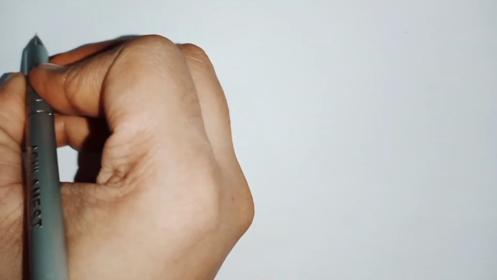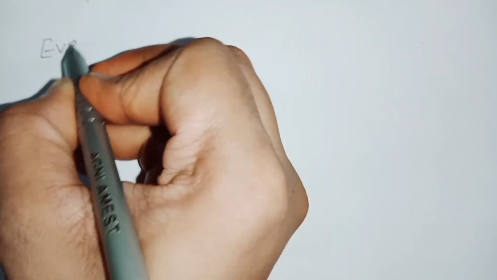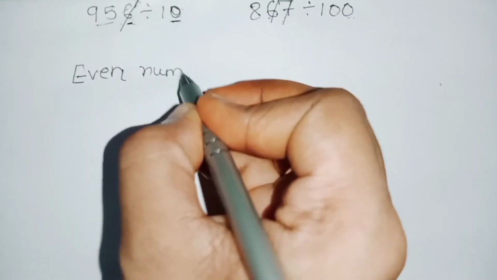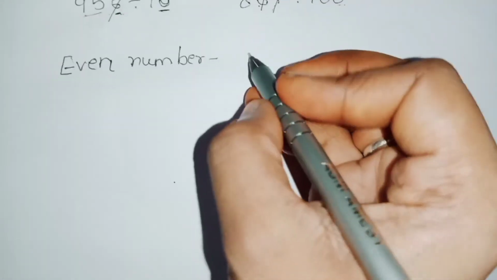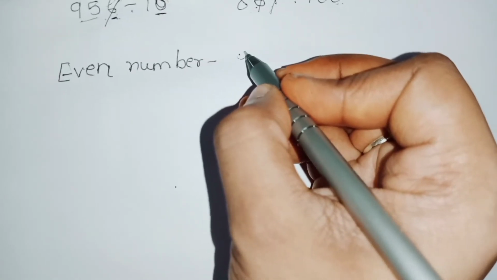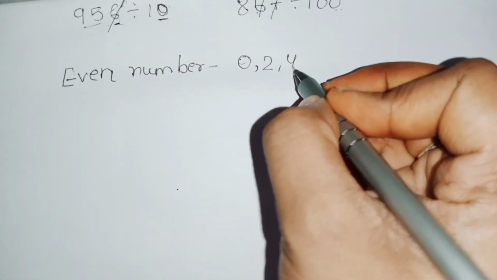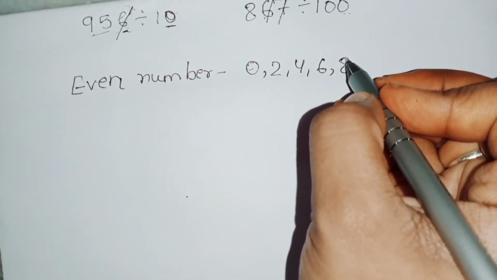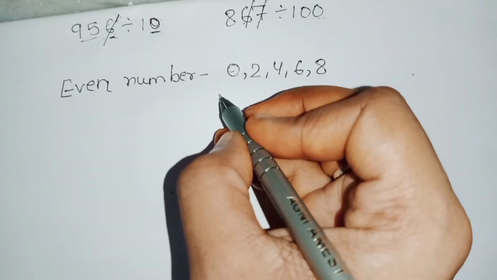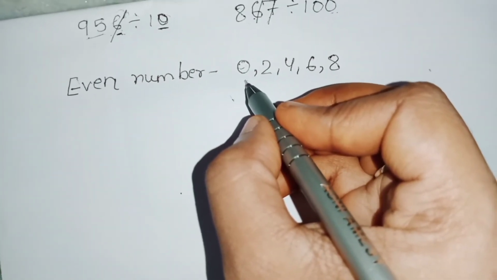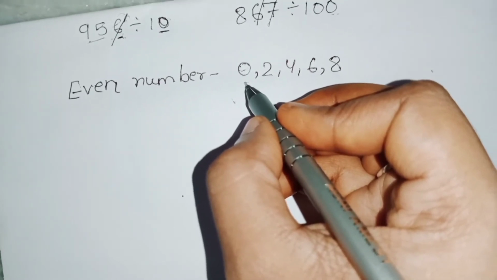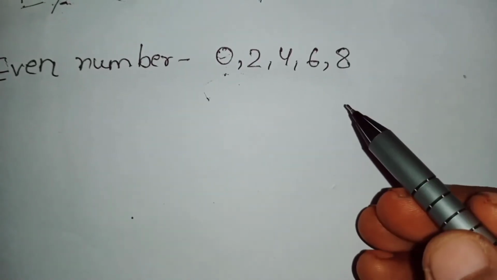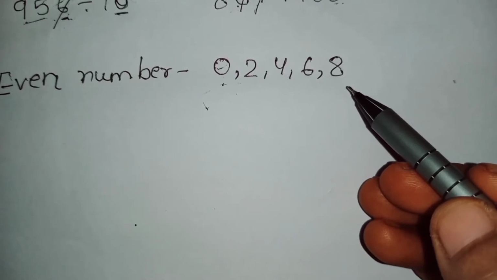First of all I will teach you what an even number is. You already know what ones and tens are now. So when you see 0, 2, 4, 6 or 8 at the ones place, that means they are even numbers.